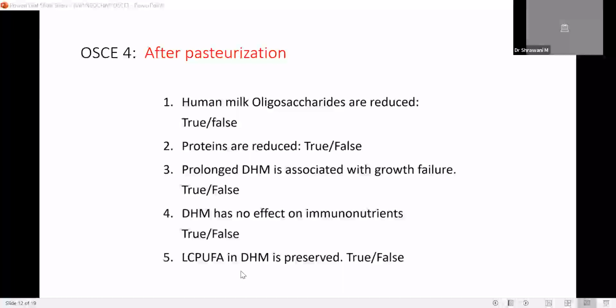Long chain polyunsaturated fatty acids in DHM are preserved. True or false? No.